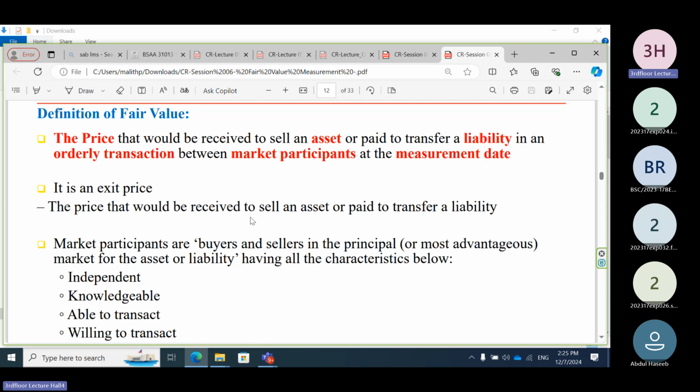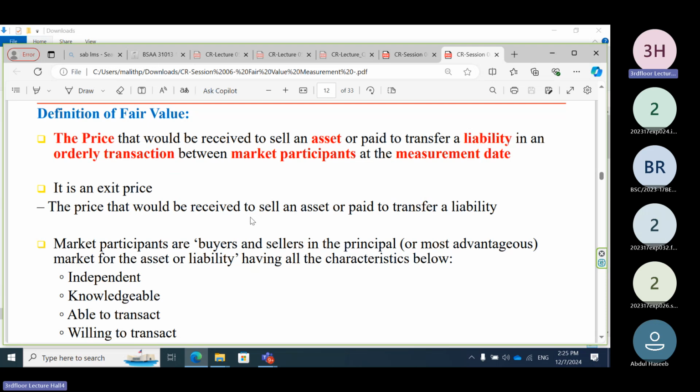What do you mean by evaluation? It is the price that would be received to sell an asset or paid to transfer a liability in an orderly transaction between market participants at a measurement date. That's the definition, right? It's an exit price.